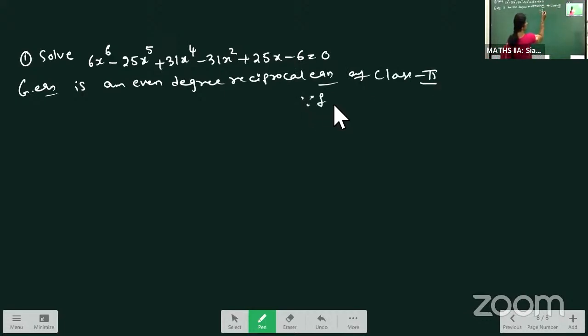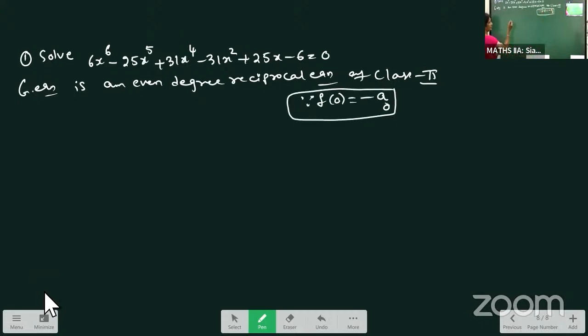Since f of 0 is equals to minus a naught. So immediately what are the roots? Therefore, minus 1 and 1 are the roots. If we know even a single root, by doing synthetic division we can find out the other roots. Here also, 2 roots are there. So we can do synthetic division.